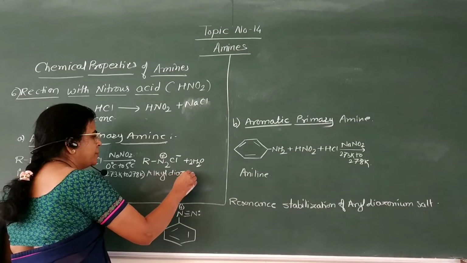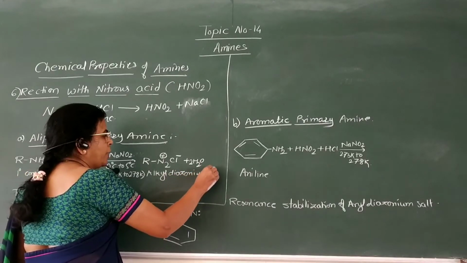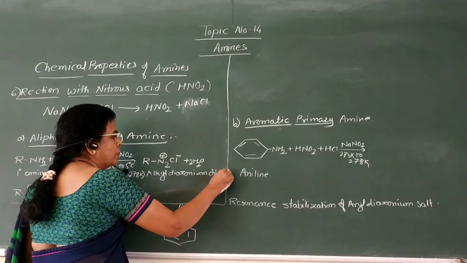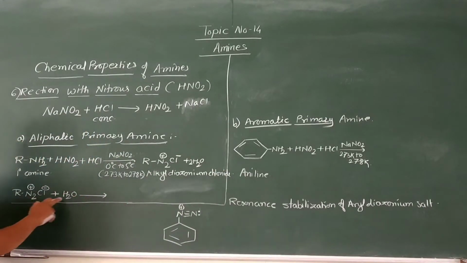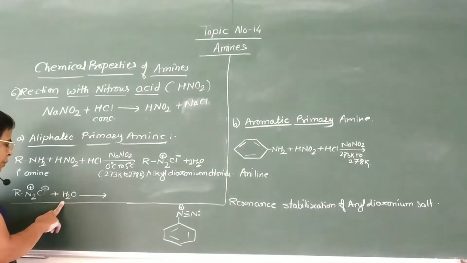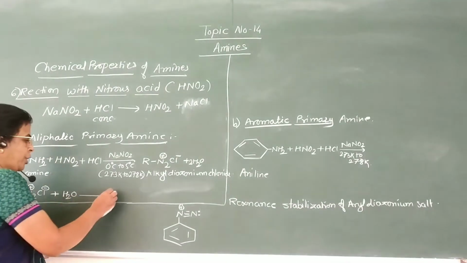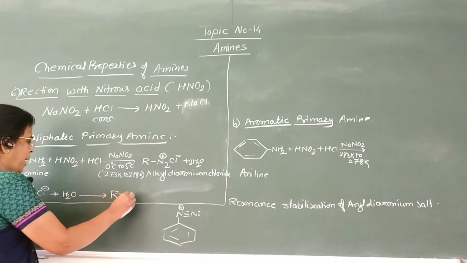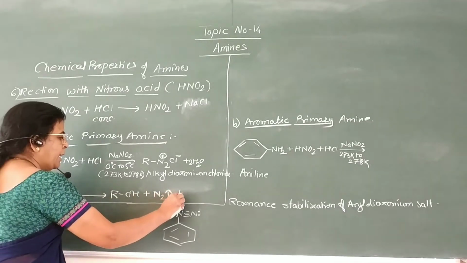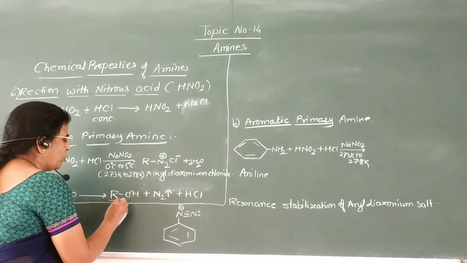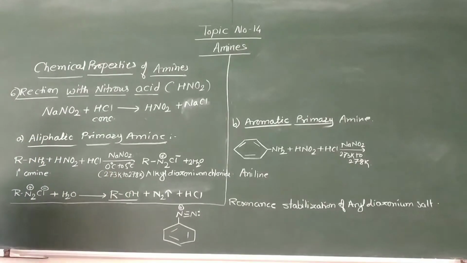This alkyl diazonium chloride readily undergoes hydrolysis in presence of water molecule to give ROH plus N2 plus HCl. Formation of alcohol takes place.